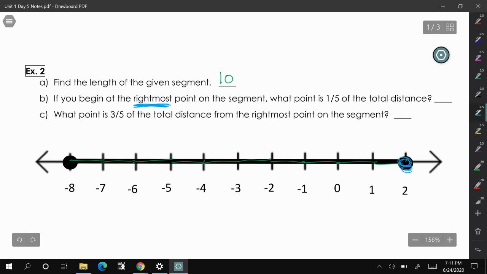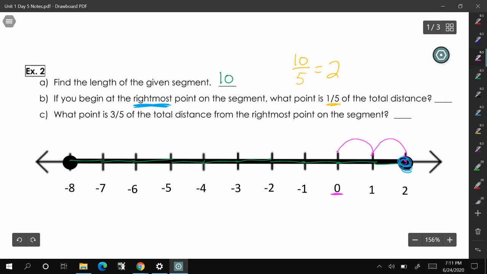What point is 1/5 of the total distance? So 1/5, we'll take the length of this, 10, divided by 5 is 2. So that is going to be like our magic number to kind of go by. And the question says, what is 1/5 of the total distance? So we got to go 2 from the rightmost endpoint down 2 units.